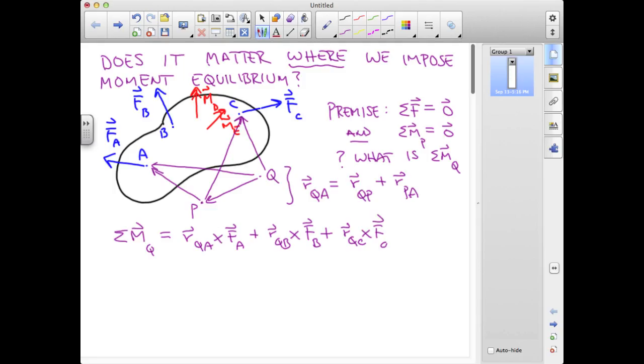And then the moments have the same influence everywhere in the body, so I'll just write this as the moment load at D plus the moment load at E. That's the sum of the moments about point Q.